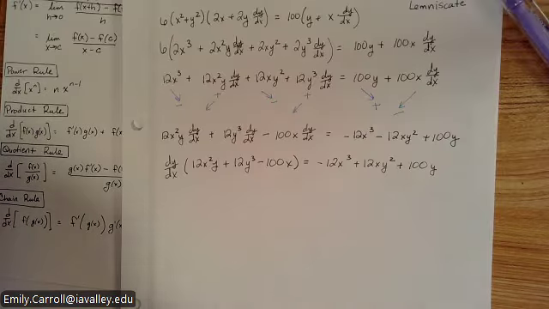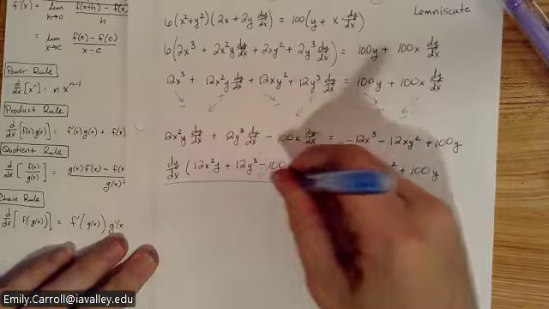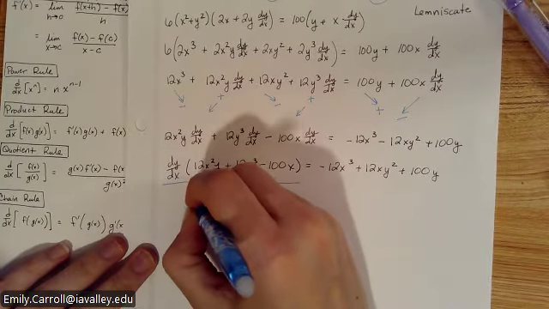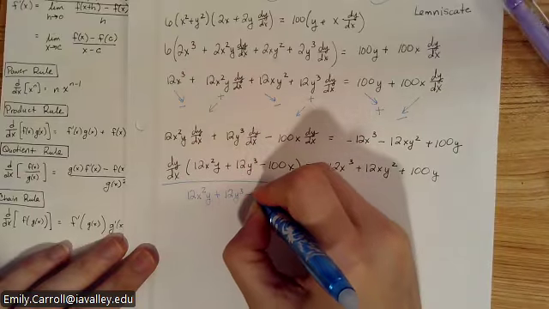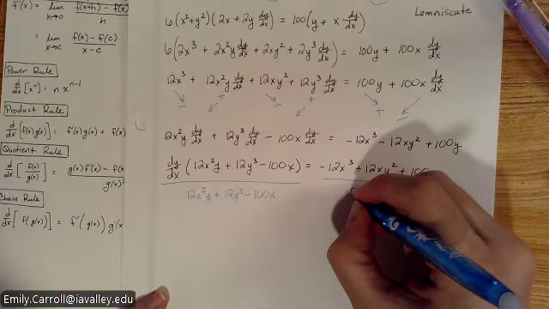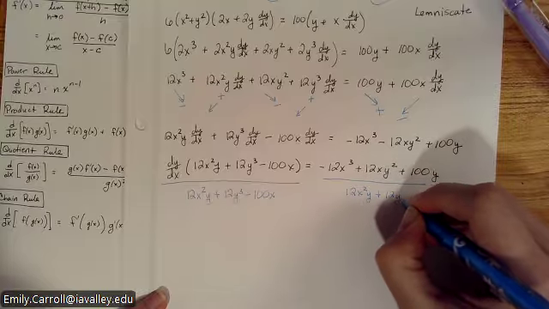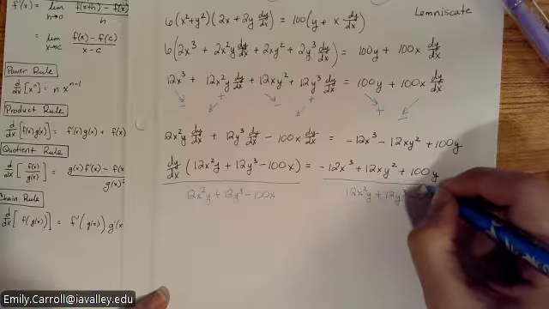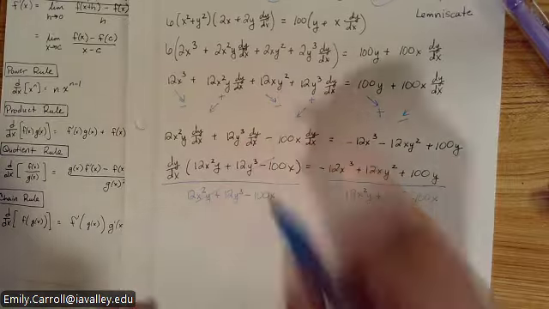Okay. Now I want to divide both sides by this stuff in parentheses here. That'll get the dy dx by itself. Okay, so we get, cancel there.